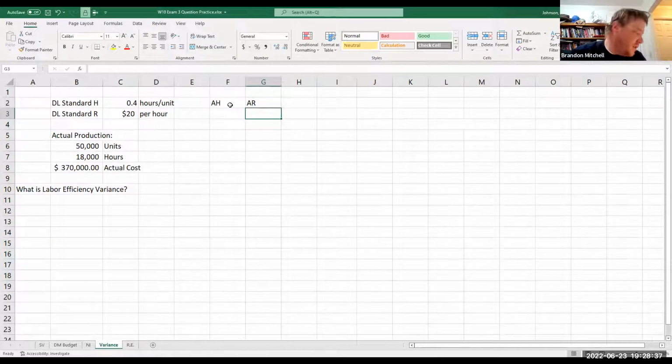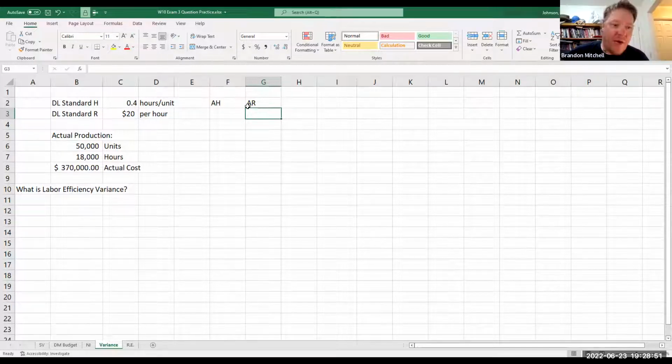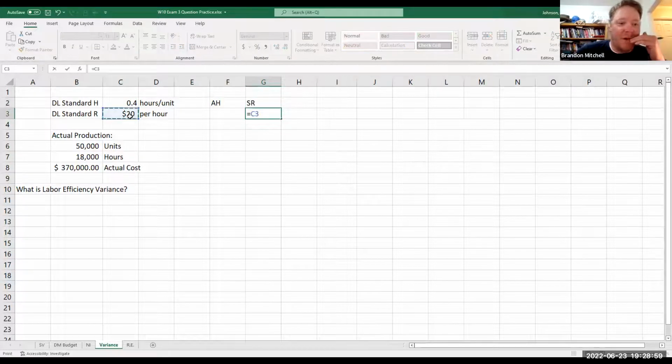And that gives you $360,000 for that side. On your actual side, you do your standard rate times your actual hours. Oh, okay. Yes, standard rate times your actual hours. Sorry.